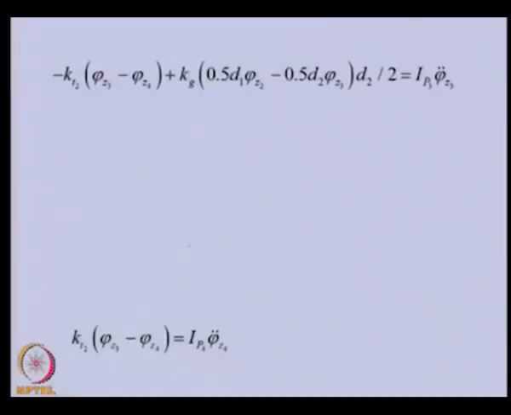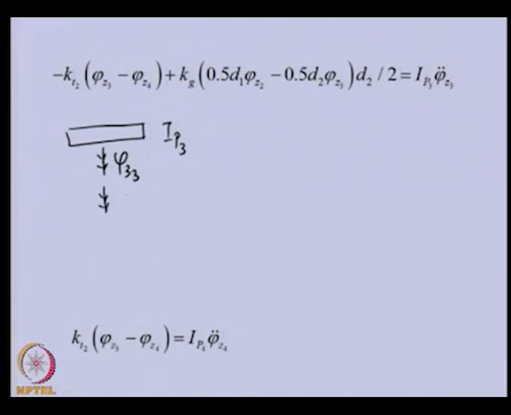The torque from the linear spring will be given by this. You can see this is the force. Now we can write the free body diagram for the second gear having polar moment of inertia IP3. We are taking the angular displacement direction positive in the downward direction.